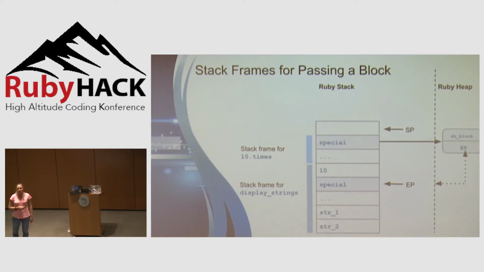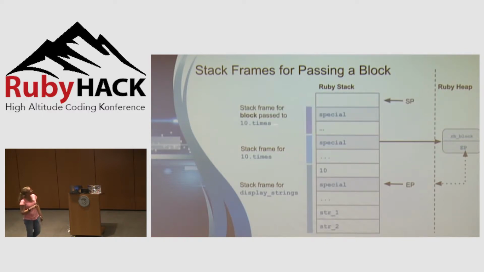And as soon as the yield statement gets hit, the block code needs to execute. And what Ruby does to execute block code is it creates another stack frame on the stack for the block. It does all the usual things, such as popping local variables, arguments, etc., into that stack frame. And this stack frame also has a special slot, and Ruby adjusts its environment pointer to point to this special slot of the block now.